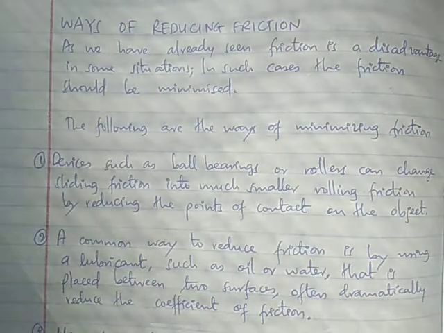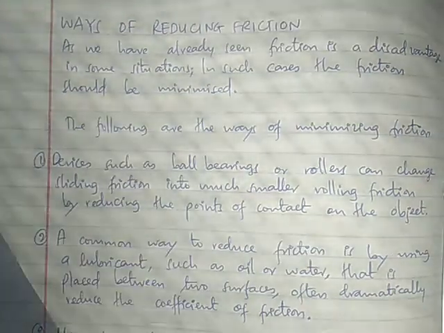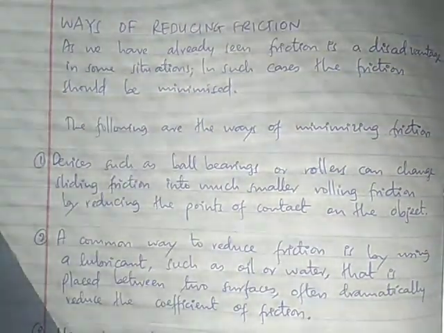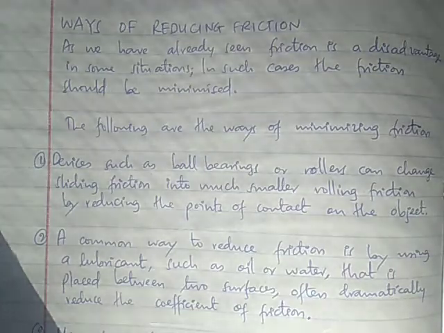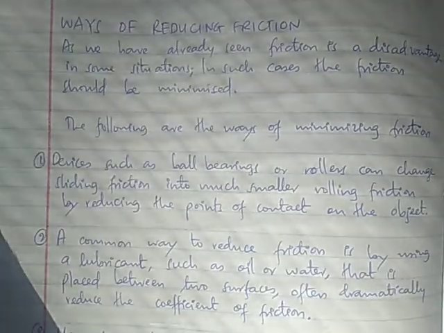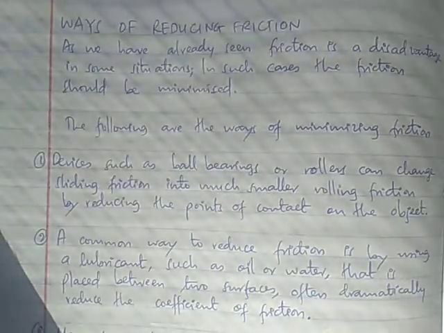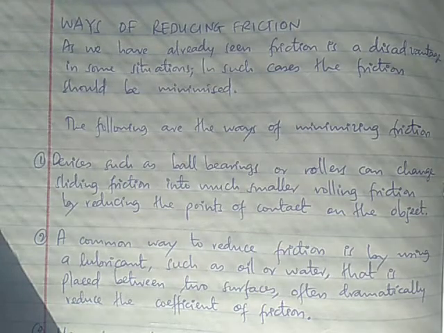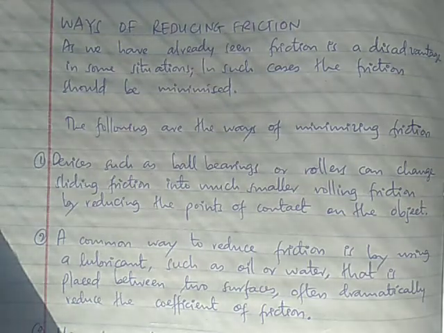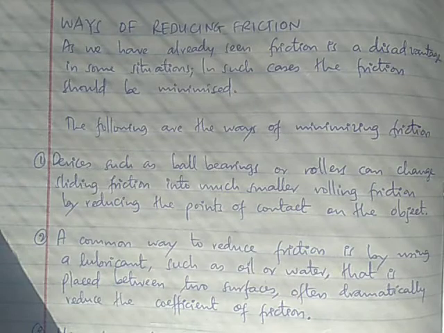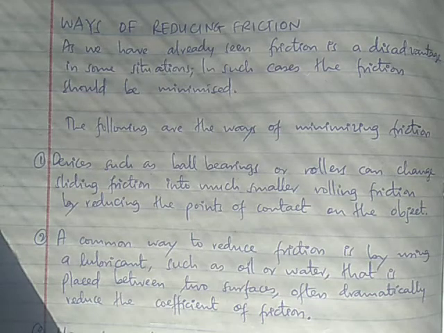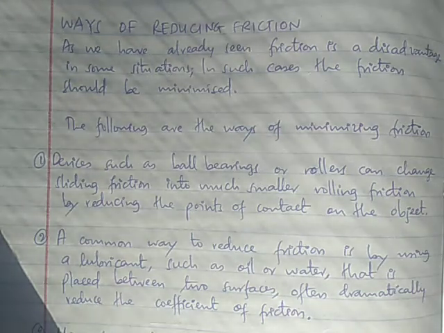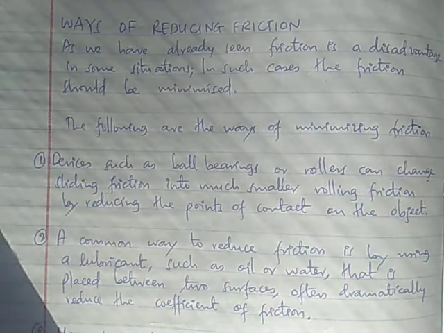So in such cases the friction should be minimized. Friction lazima tuipunguze kwa sababu haina faida, yani inatuletea tu hasara. Na more especially friction inapelekea wear and tear in machine parts. Maana yake hapo friction ni hasara. Tunatakiwa tuifanyie kazi hiyo friction kwa kuona kwamba tunapunguzaje hiyo friction.